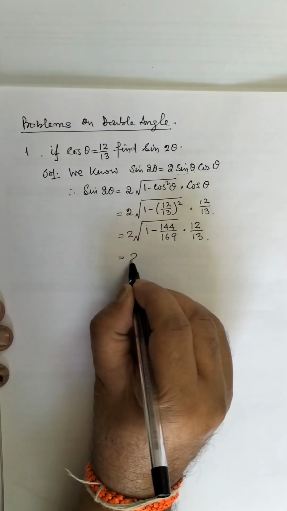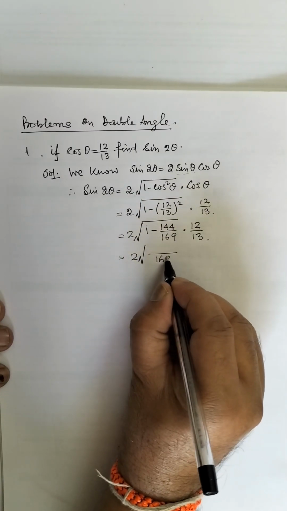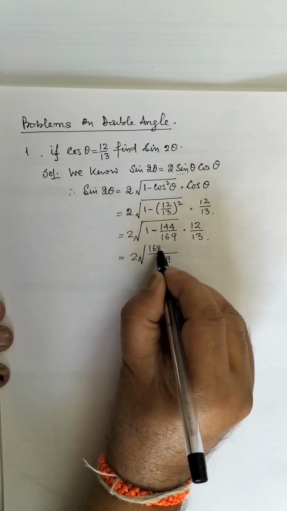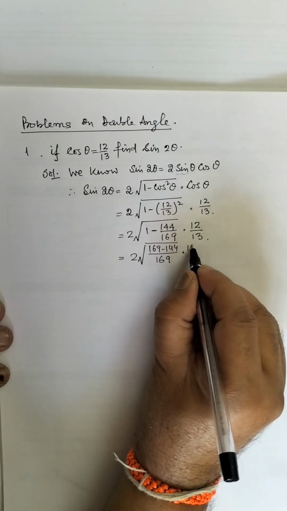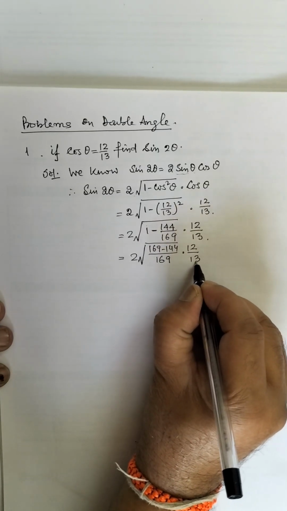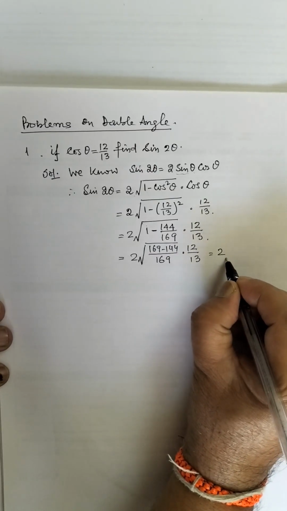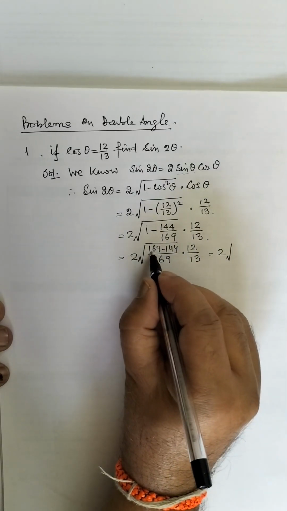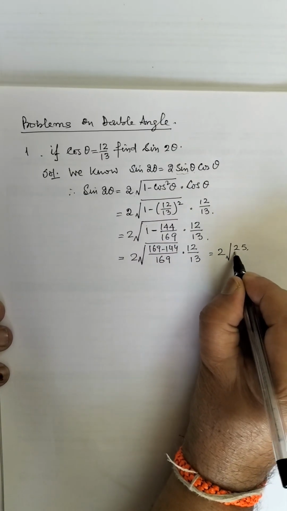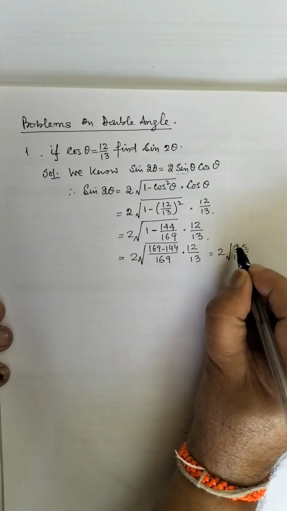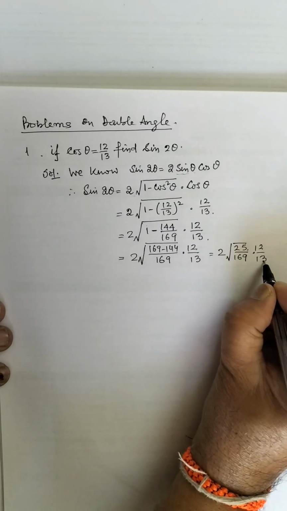Next step, 2 times of, the denominator is 169. It is 169 minus 144 times 12 upon 13, which will give us twice of 25 upon 169 into 12 upon 13.